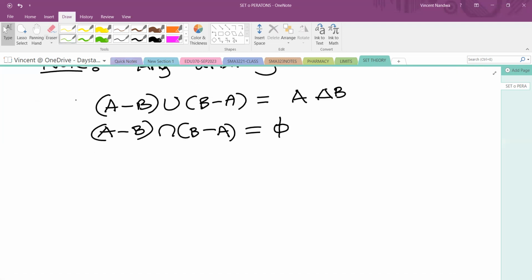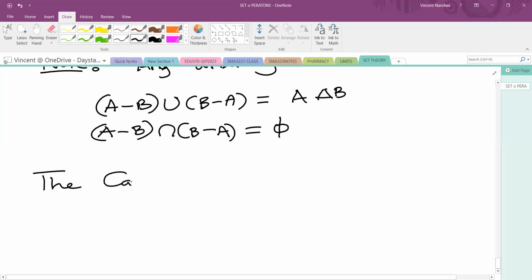And then last but not least is what we call the Cartesian product of sets.